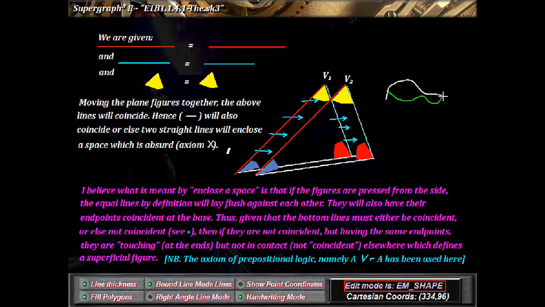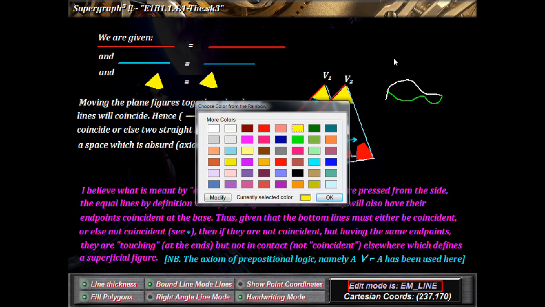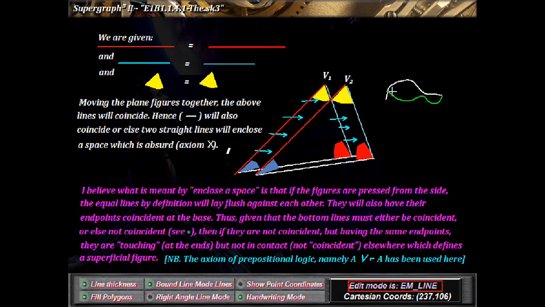Between here and here, these lines are not coincident. Forgetting about this little bit at the end here, from here, where they are coincident, to here, also coincident.